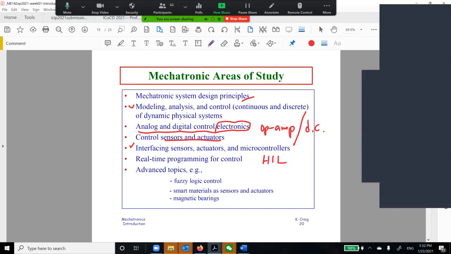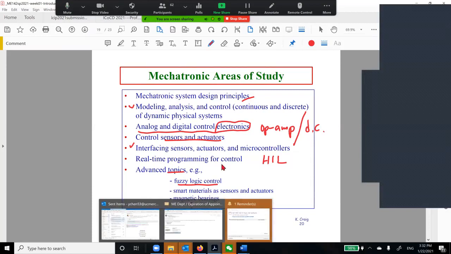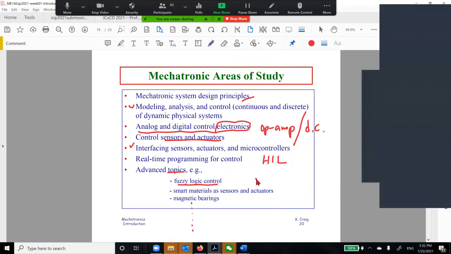And others are advanced topics, like how you do physiologic control, smart material. You can add many. But we probably will not do magnetic bearing. We're doing position or speed servo and stuff like that.